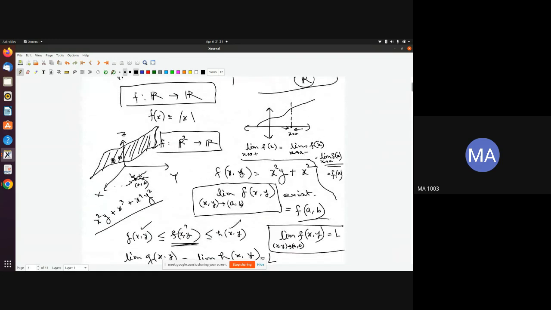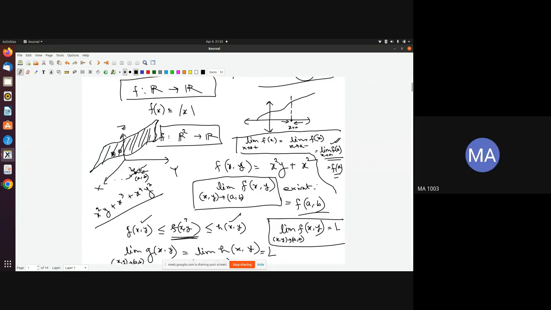For one variable, left hand limit and right hand limit should exist and be equal, then the limit exists, and then that limiting value should be exactly f of a, the function value at that point. Similarly here, first check whether the limit exists. If it exists, then the limiting value should be equal to f of a, then the function is continuous. If the limiting value does not exist, then you don't bother about f of a; you can directly say that it is not continuous.